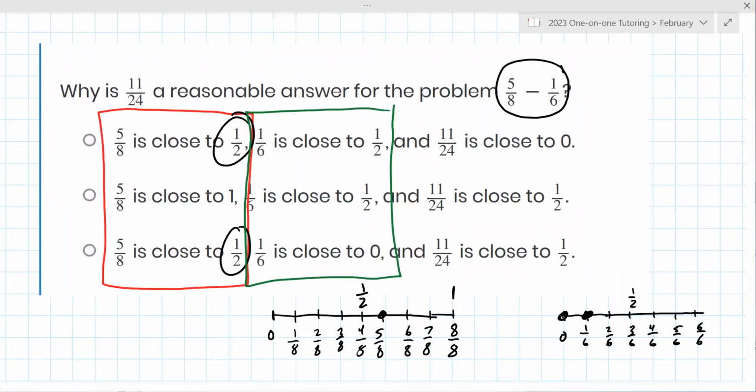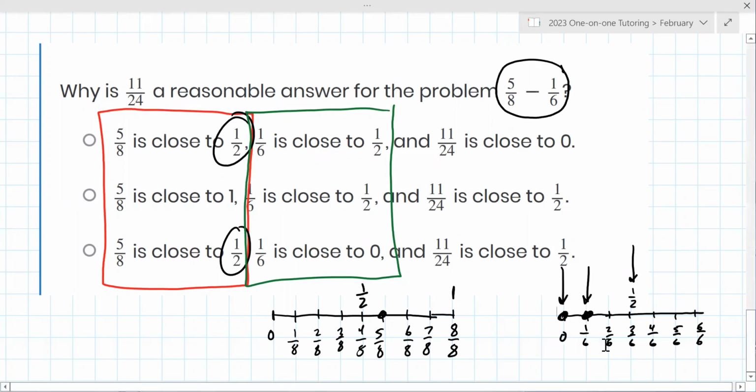You're just looking at distance. There's the 1/6, there's the 1/2. Which is it closest to? We're asking about 1/6. Is 1/6 closer to 0, or is it closer to 1/2? It's closer to 0. Closer to 0, yeah. So that means this one is true, which means this.